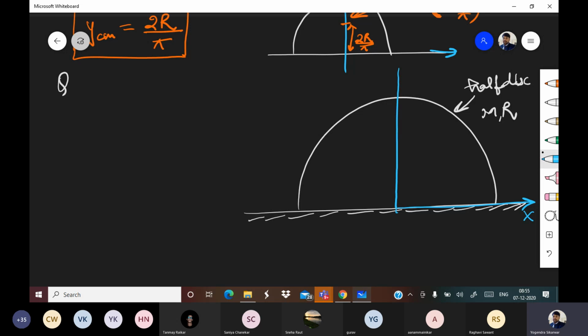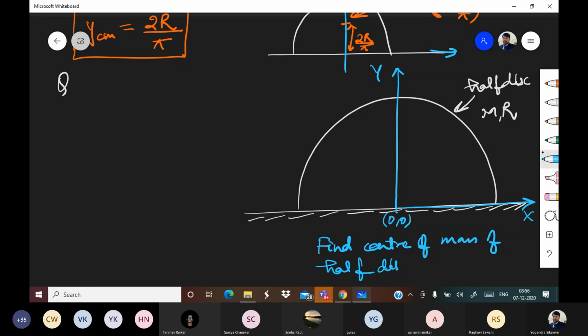This is your y-axis. Question is the same. Find the center of mass. This is 0, 0. So find the center of mass of the half disc. Please solve. All these derivations are really important.